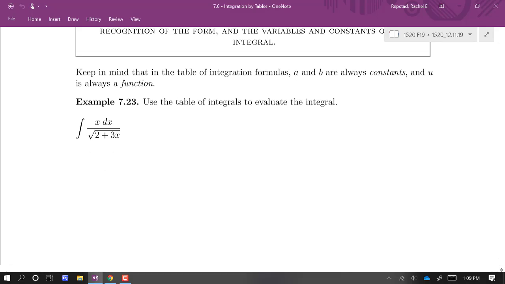Okay, so we've got x dx over the square root of 2 plus 3x. So this is a linear, but it's a linear inside a radical. So I might look to see if they have some section that involves the square root of a plus bu.